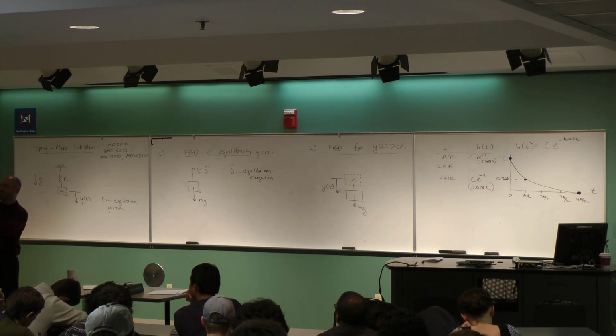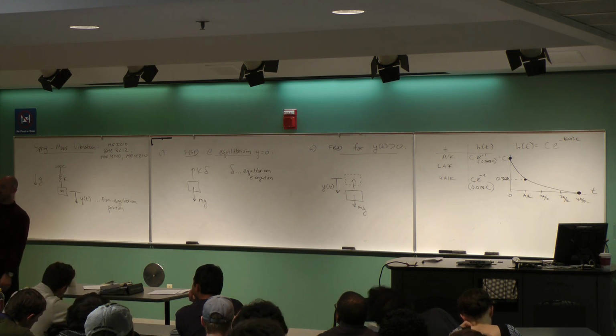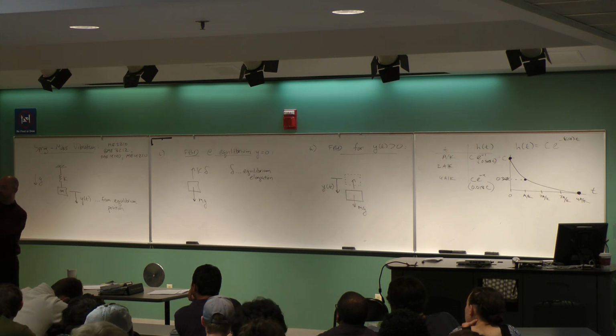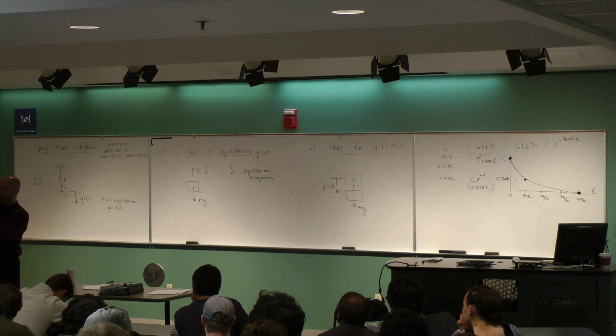Before it displaces at all, the spring is stretched by an amount delta. Now, I add a y of t to the delta. What's the total elongation? The total elongation is now delta plus y of t.